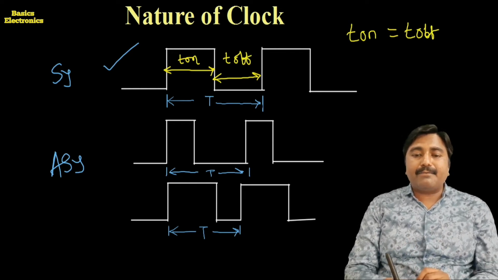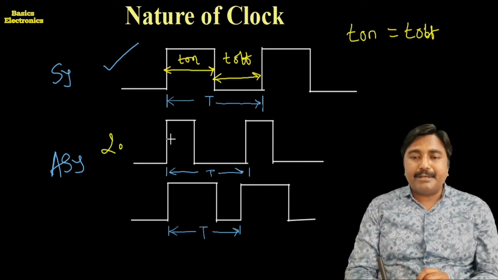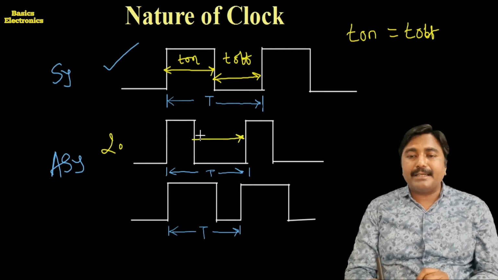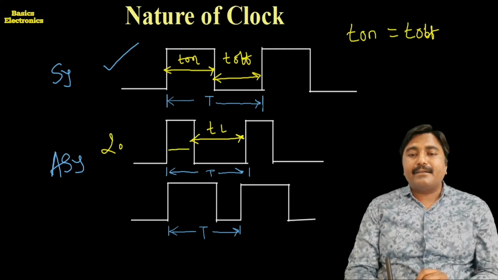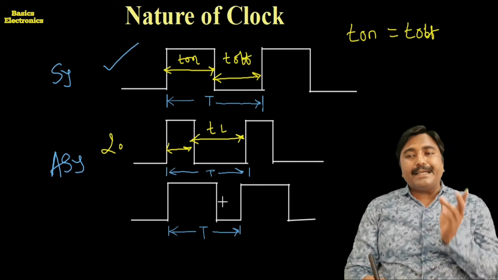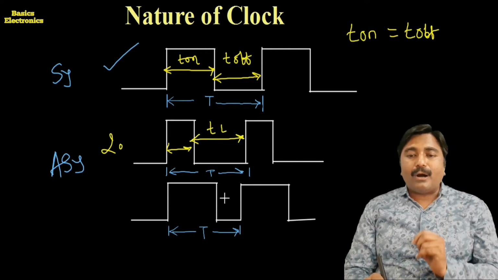Now the second clock pulse is here. This one is the second clock pulse in which the off time, or you can say the low time period TL, is greater than the T on, meaning the off time is greater than the on time period.